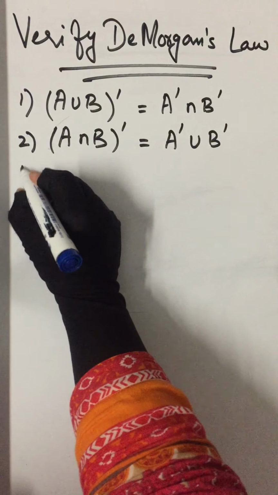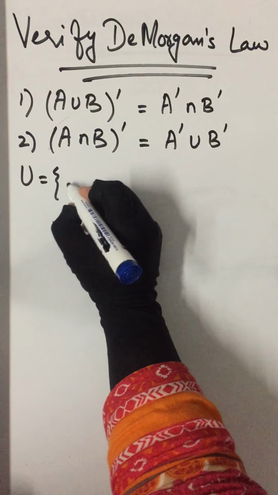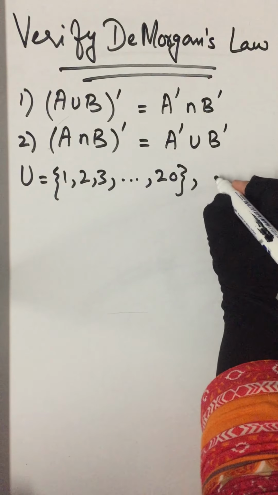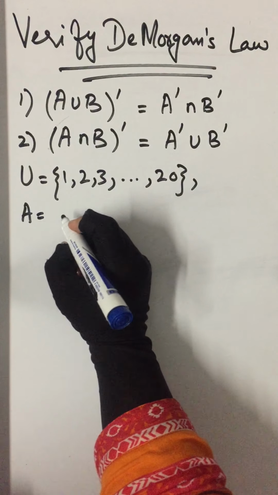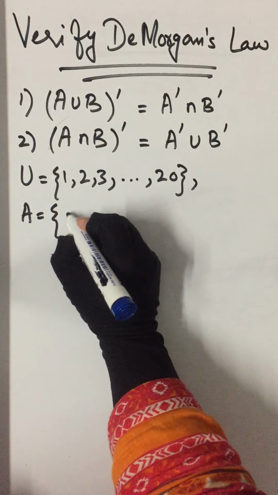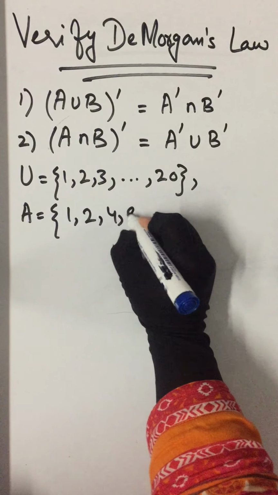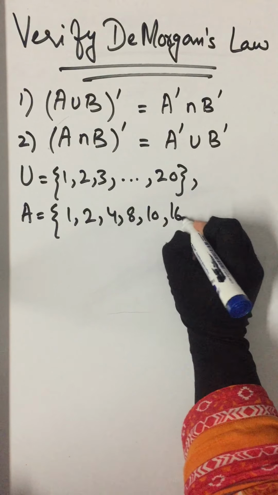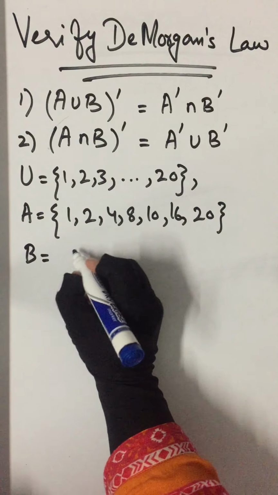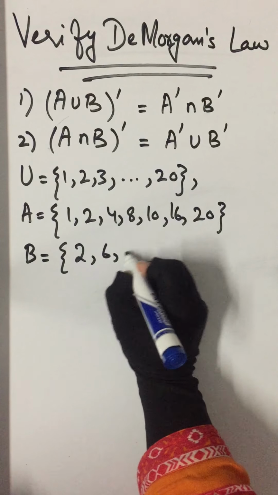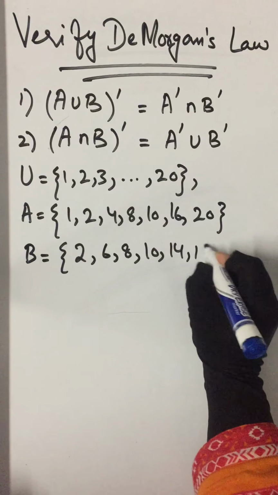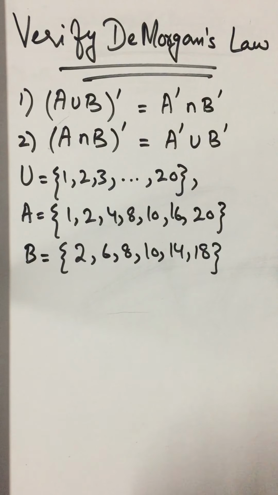If we have U equals 1, 2, 3 up to 20, A equals 1, 2, 4, 8, 10, 16, 20, and B equals 2, 6, 8, 10, 14 and 18, right? So what will we do first?